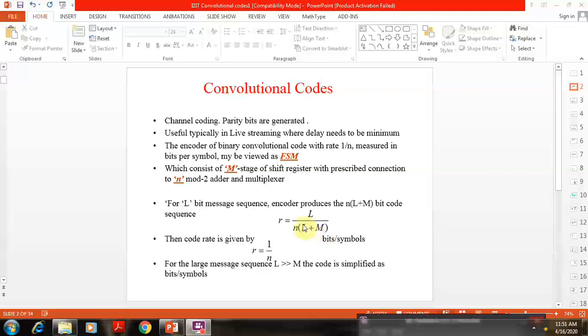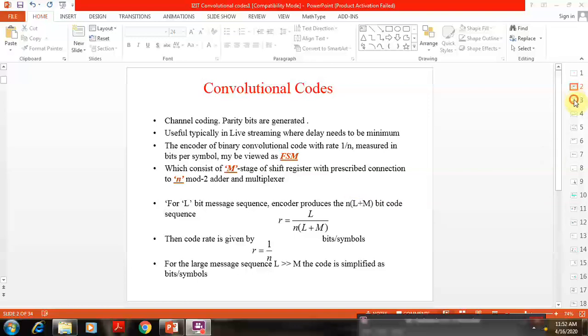So naturally the capital L will always be much greater than m, because practically proven m will be around 9. So in that case, L plus m is approximately equal to L, and I get R equal to 1 upon n. So that will be the approximate code rate of a convolutional encoder. If you go with the exact formula, then the formula is L upon n into (L plus m). That will be the code rate. Let's go to the next part.